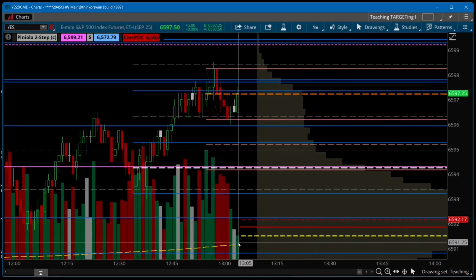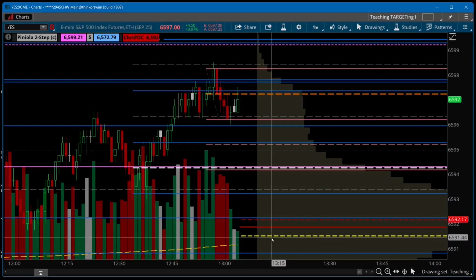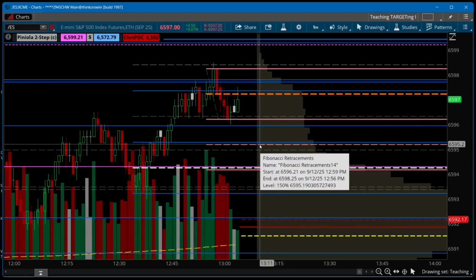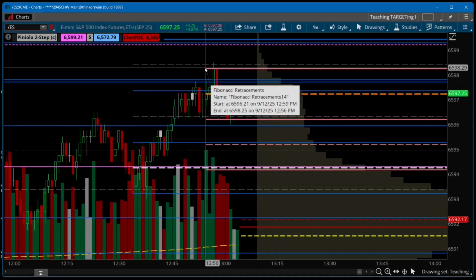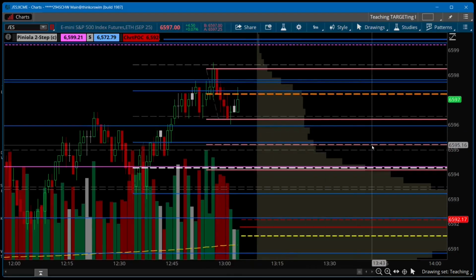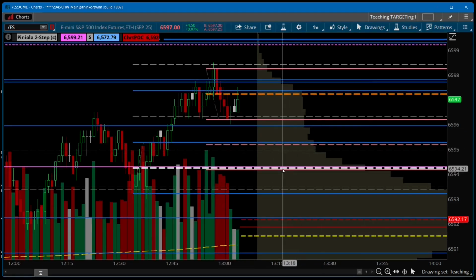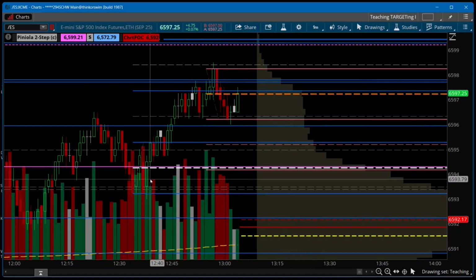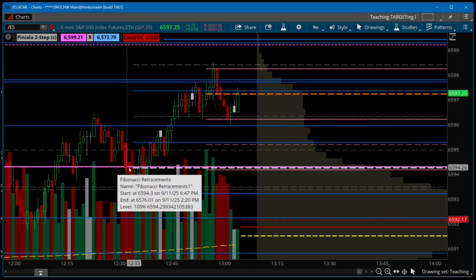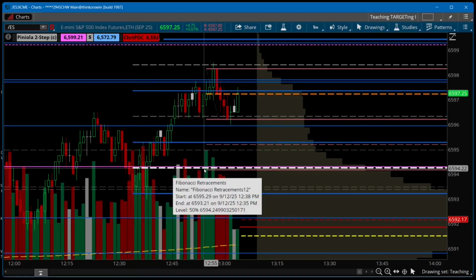Now that's popping above it on very small volume, so let's see what happens. I'm expecting it to at least come back down to here, which is the 1.5 of the downward move. But because of this, we've got several different lines of attraction right here.